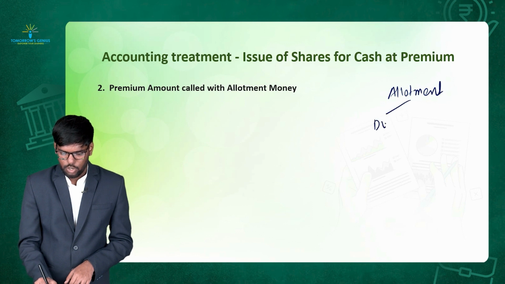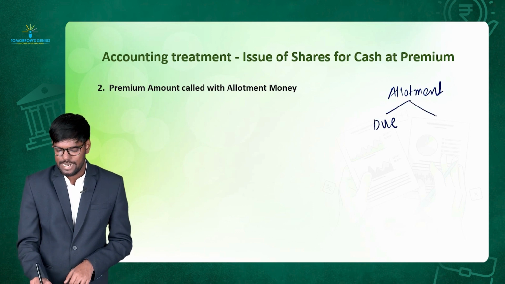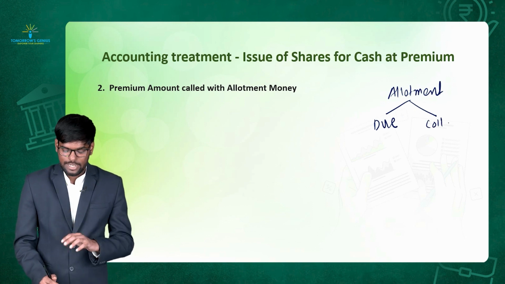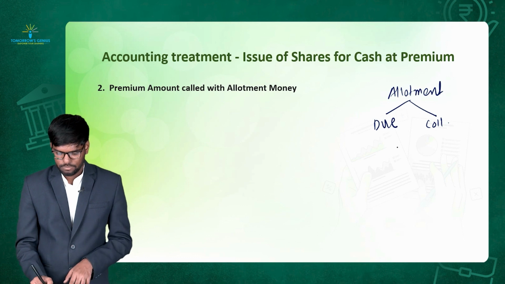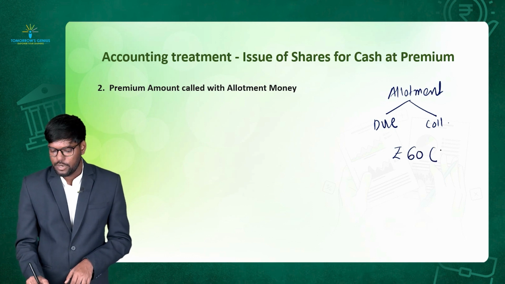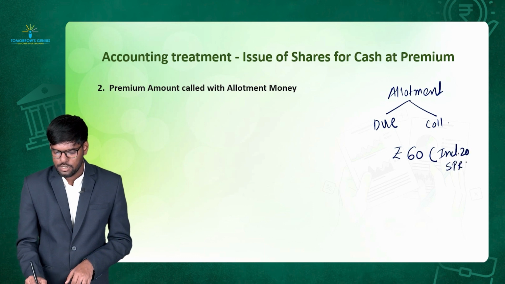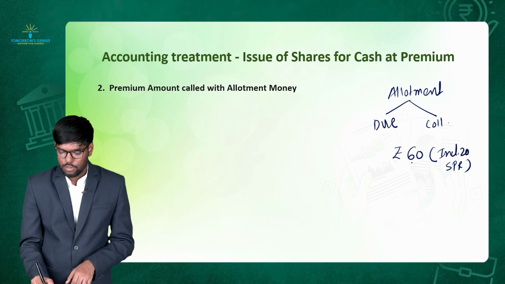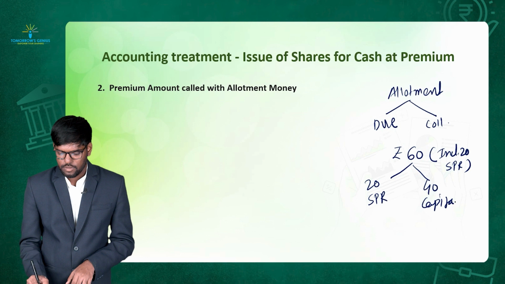One is your due entry, or you can say transfer entry, and the second one is your collection of allotment money. So at the time of allotment, the company is calling, for example, rupees 60 to pay, and they are saying it is including 20 rupees of securities premium reserve, right? So I can say out of these 60 rupees, 20 rupees is securities premium reserve and the balance 40 rupees is your capital money, right?